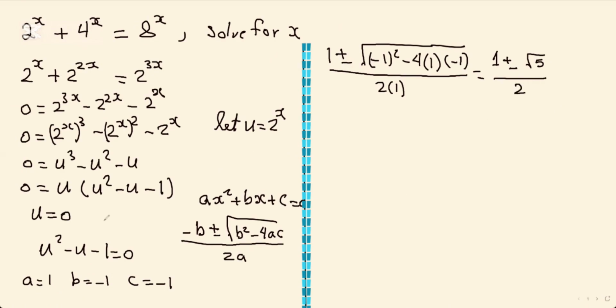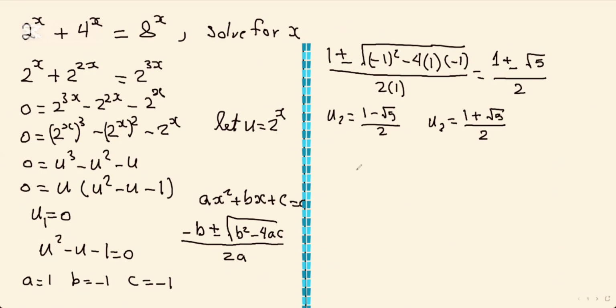Therefore, if we call this u1 equals 0, now u2 equals 1 minus root 5 over 2, and u3, the third value, would be 1 plus root 5 all over 2. Okay, so these are the 3 values for u that make the expression 0. Now we're going to go back and sub in 2 to the power of x for u.